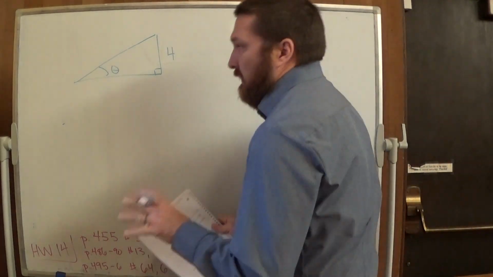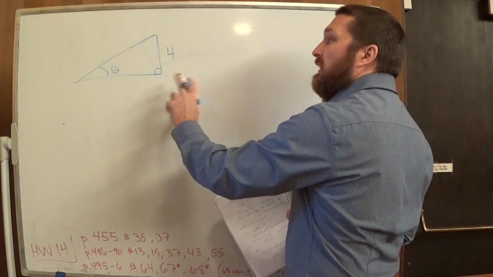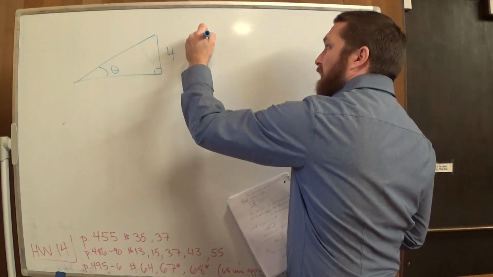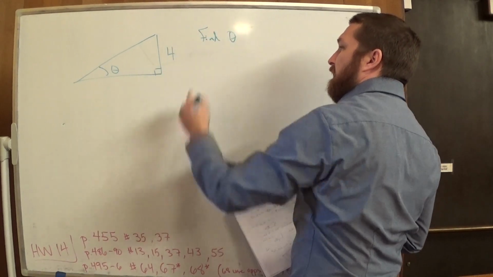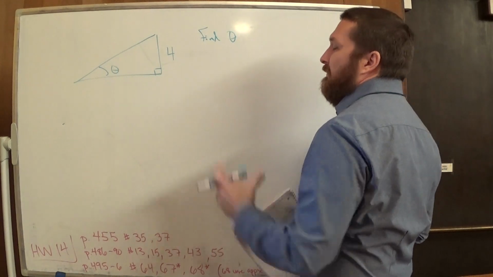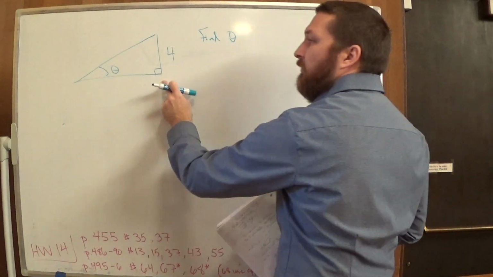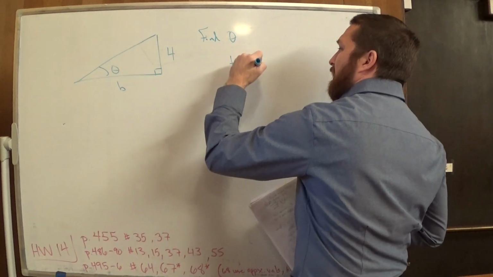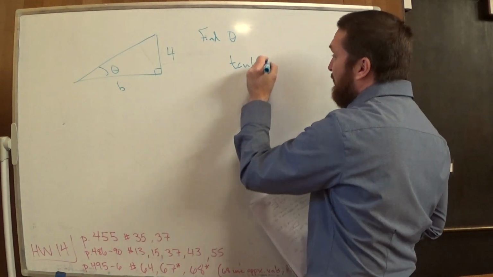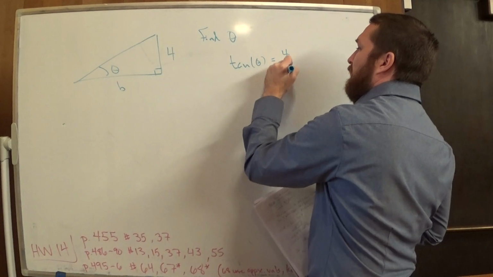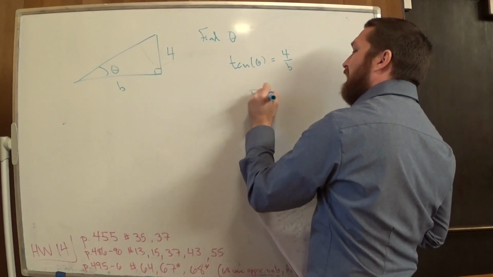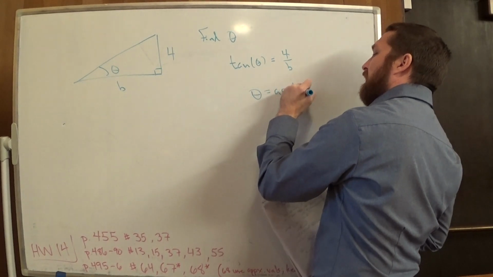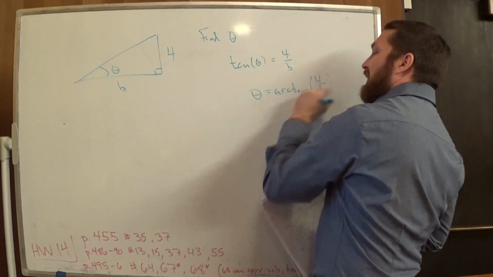But here's the thing, right? If the job is to find theta, and I look at that and think, man, if I knew that base, I'd be home free, right? Because whatever that base is, I could say tan theta, which is our favorite one to take the inverse of, is 4 over b. And so therefore, theta is just arctan, 4 over b, and I don't have to worry about anything.